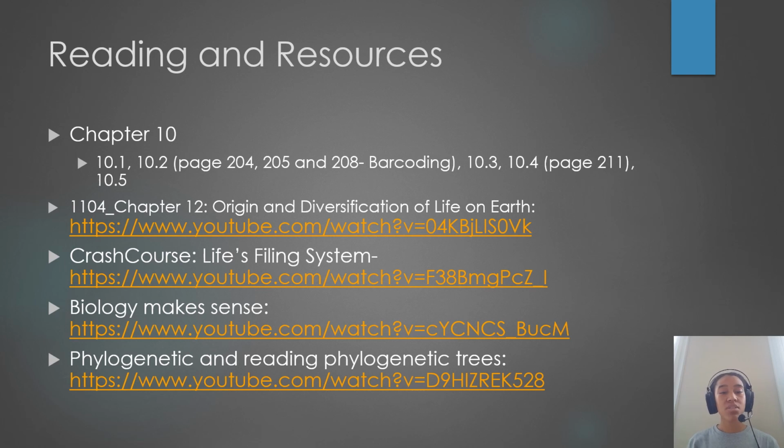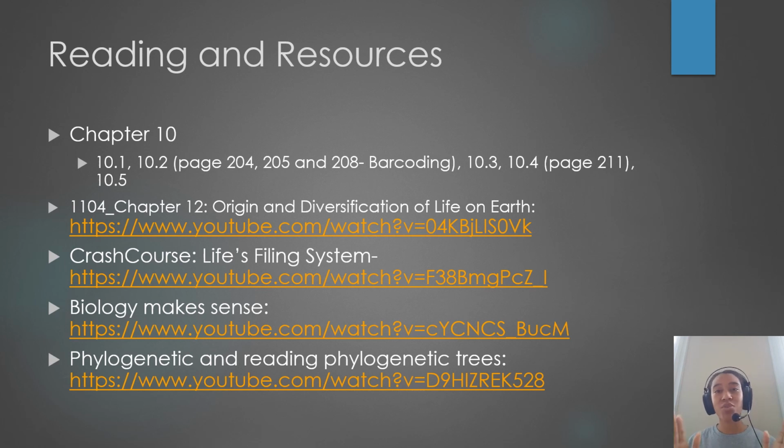Then I've also included some videos here that I thought were really, really helpful. The first one is actually my own video from 1104, and that's really for if you're struggling with some of the terms that I used in this presentation, like speciation event and things like that. I would go ahead and just watch that video that I posted on the origins of diversification of life, to remind yourself about some of that terminology. There's also the Crash Course video on taxonomy, which is really good.